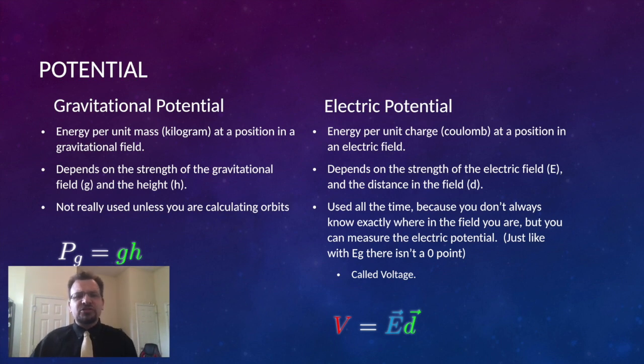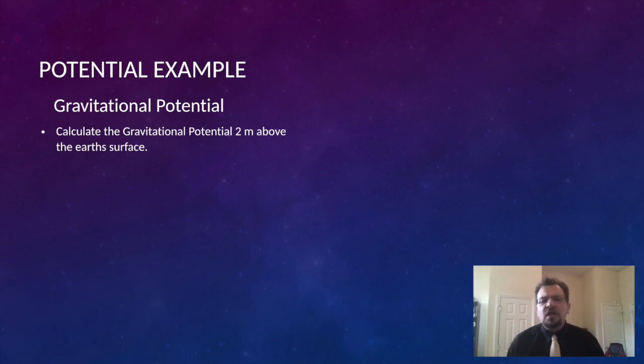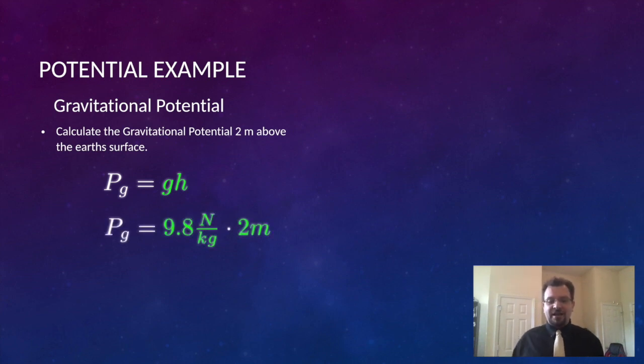So let's do some calculations with this and see how it works. So using the same numbers that we have been, calculate the gravitational potential 2 meters above the Earth's surface. So that gravitational potential is going to equal that strength of the gravitational field times the height that we've moved in it. So this is going to be 9.8 newtons per kilogram times 2 meters.